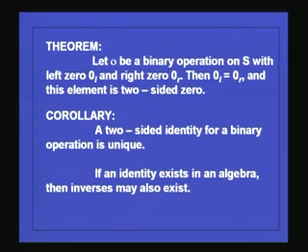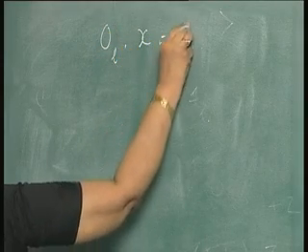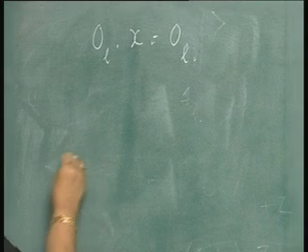Similarly, for 0, let dot be a binary operation on S with the left 0, 0L, and the right 0, 0R, then 0L is equal to 0R and this element is called a two-sided 0. How do you see this? Again same idea. When you have a left 0, 0L, if you take any element, that will be 0L.